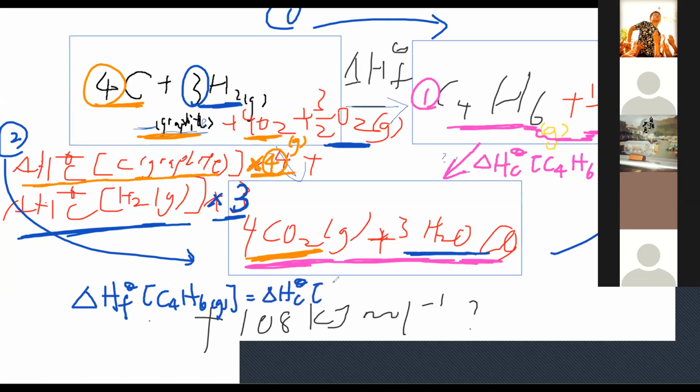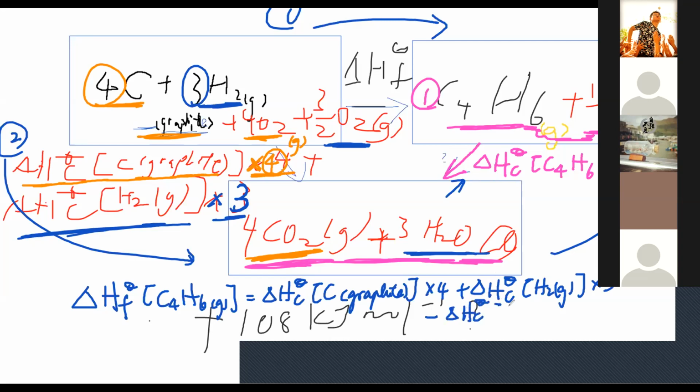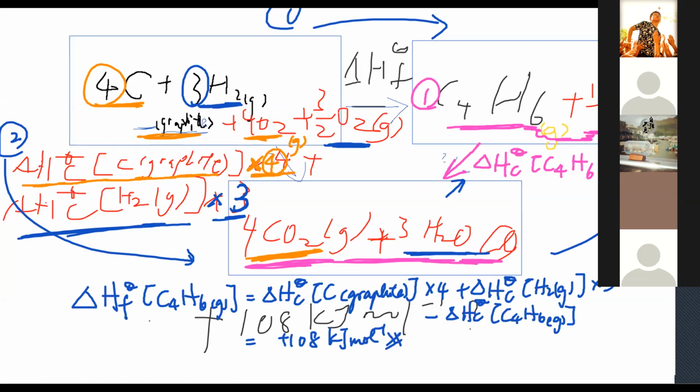Delta H of combustion of C graphite times 4 plus delta H of combustion of hydrogen gas times 3. This one, reverse sign, right? Reverse. So you're going to minus that. Minus delta H of combustion of C4H6. So you will get the answer. Yes, that's right. It's plus 108 kilojoule per mole. That is the answer.